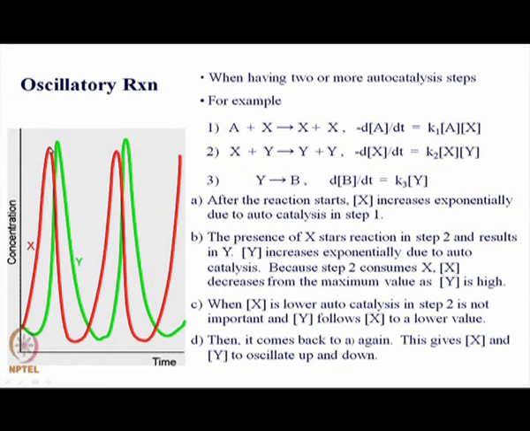Its maxima is here and the green maxima is here, because maybe the green substance is generated out of the red substance. So when the red substance is maximum, the green is minimum, and then with time red is depleted and green is generated. They are interconnected. That is why, when two or more autocatalytic steps are involved in a particular reaction, we can get such a nice oscillation of colors.